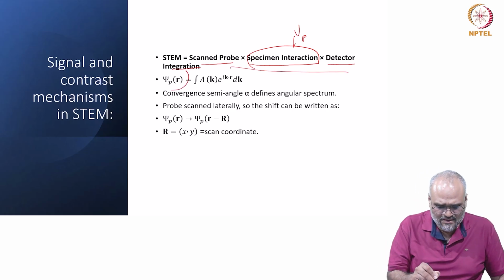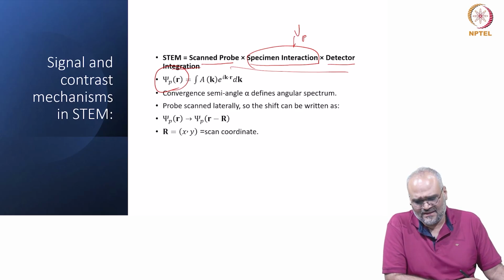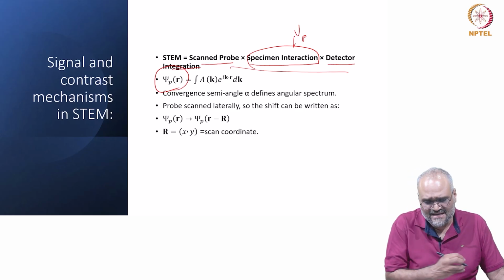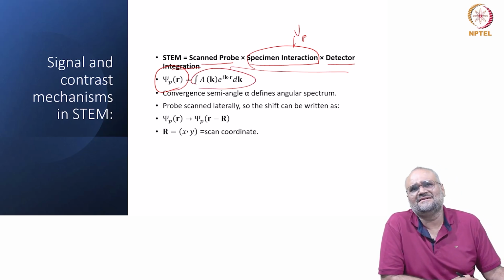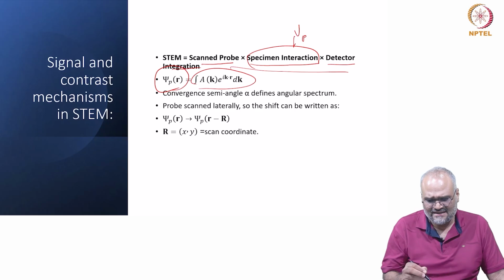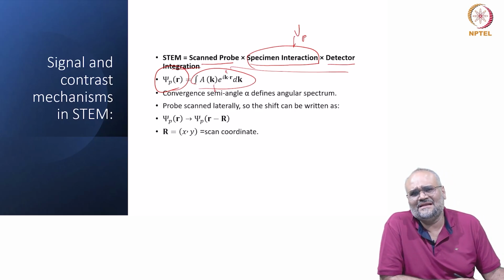The projected potential or the exit wave from the probe is actually an area integral over the forward scattered electrons, and I can write this in the frequency domain as well.